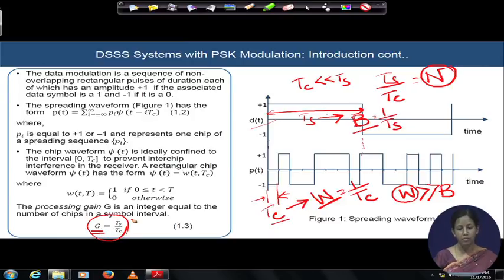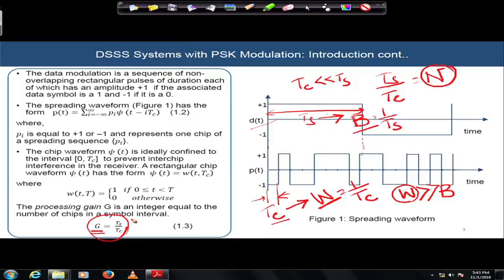We will see a little bit later in pictorial form the way the bandwidth is expanding after spread spectrum communication, and how in the receiver we process the signal such that we get good resilience against any kind of narrowband interference or narrowband jamming.